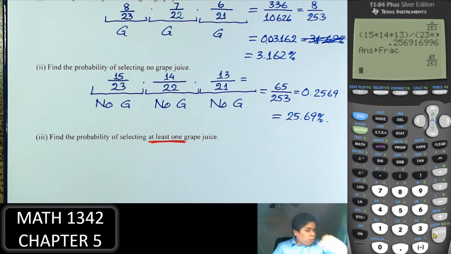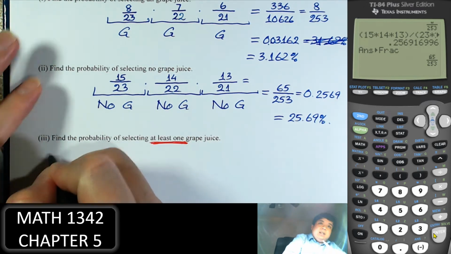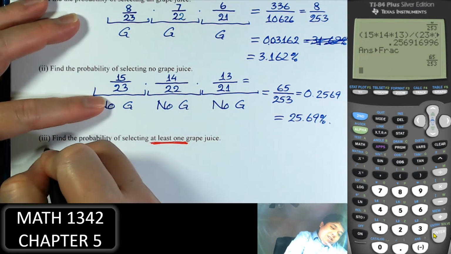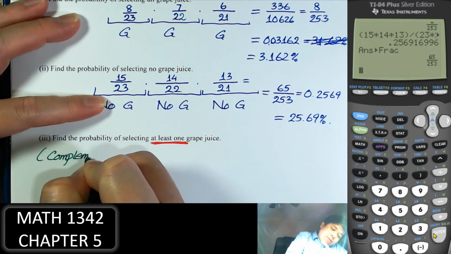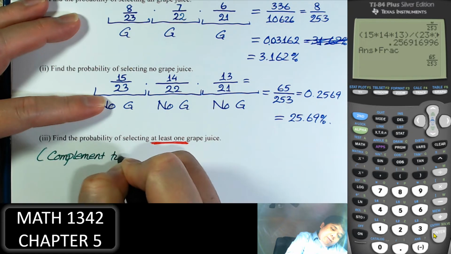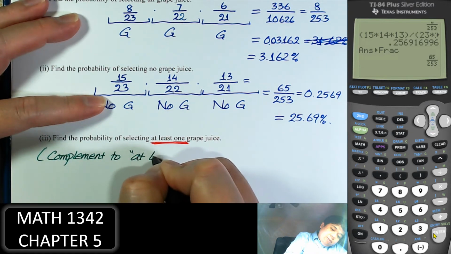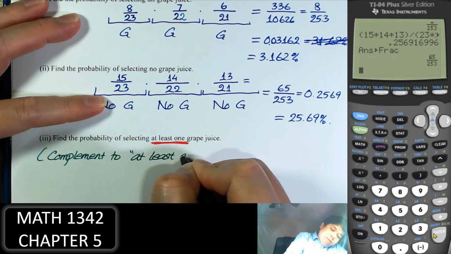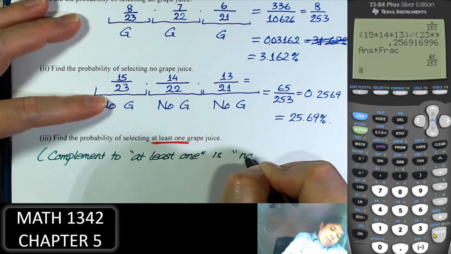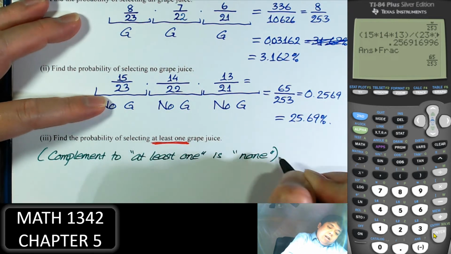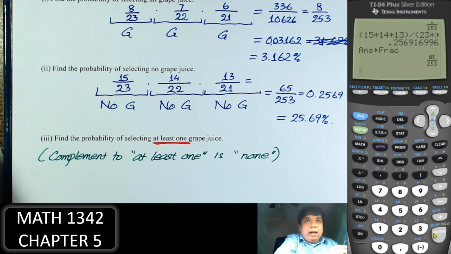So important thing about when we say at least one, complement to at least one is none, right? Yeah, at least one could be 1 or more, and complement to that would be none.